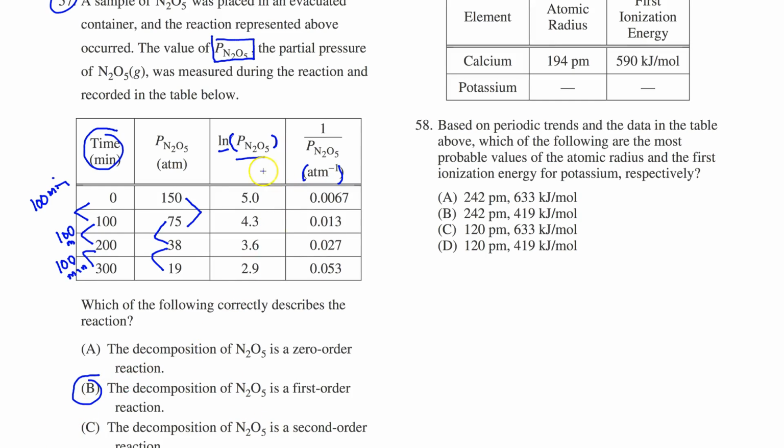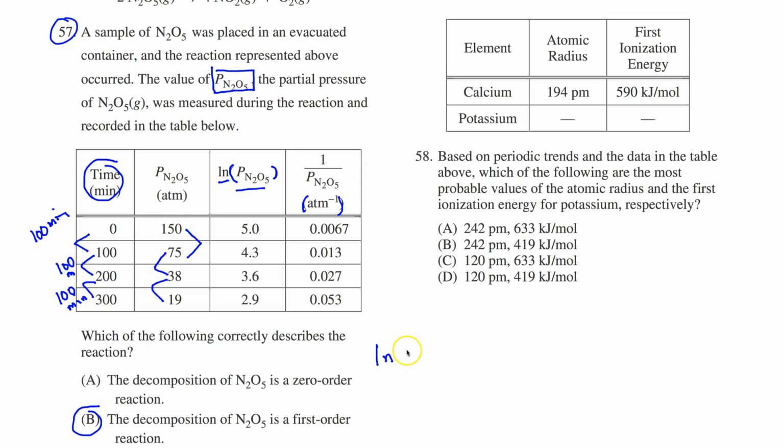Okay, now I could have also seen that the ln of this, remember in our reference tables we know the first integrated rate law formula. The ln of A at some time period minus the ln of A initial equals negative kt.